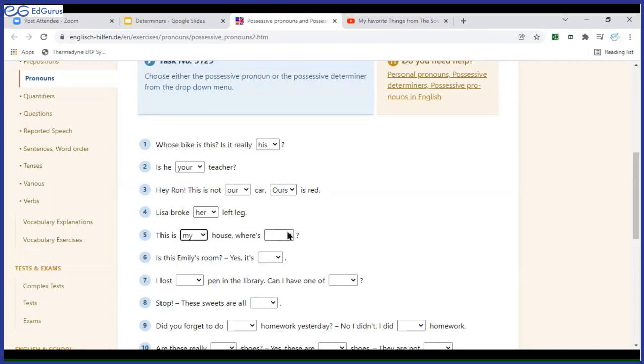Where is theirs? Right. Correct. Is this Emily's room? Yes, it's hers. Very good. This is correct now. I lost my pen in the library.